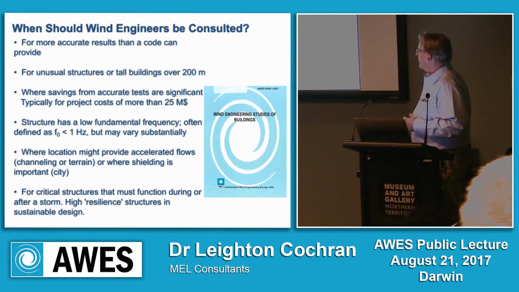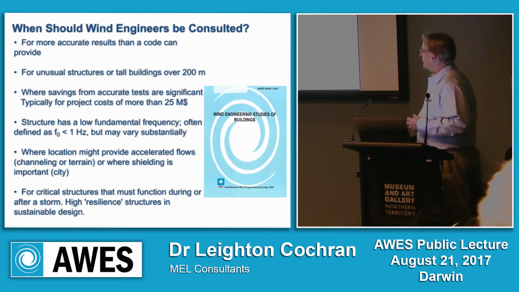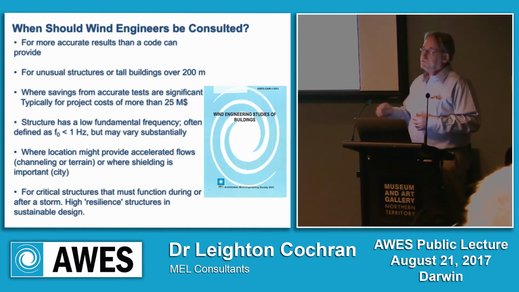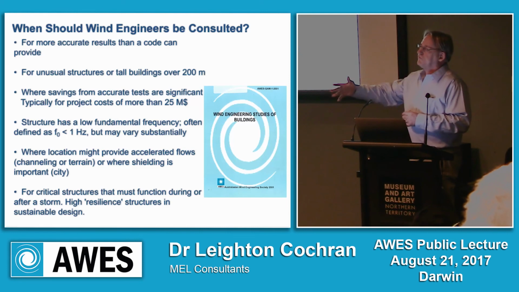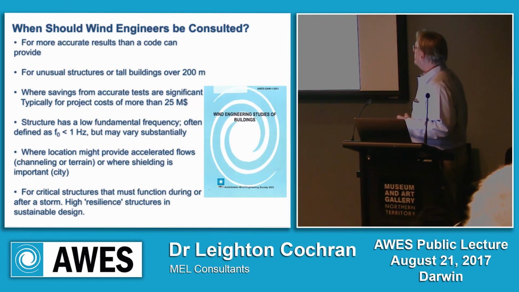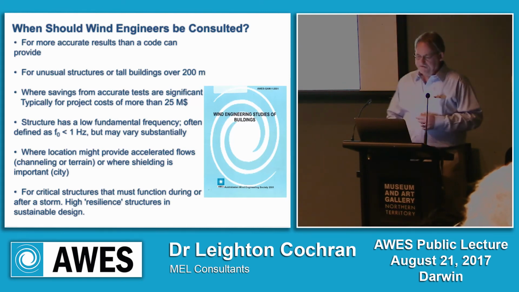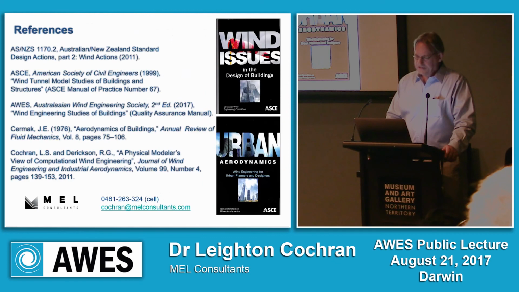Where there might be accelerated flows or channeling, and terrain coming into play. Not so much, possibly, here in Darwin, though we've got some cliffs along the front there, so that could come into play. And if it has a post-disaster function, that comes into it as well, with design storms. And those are some references, and I think that's it.